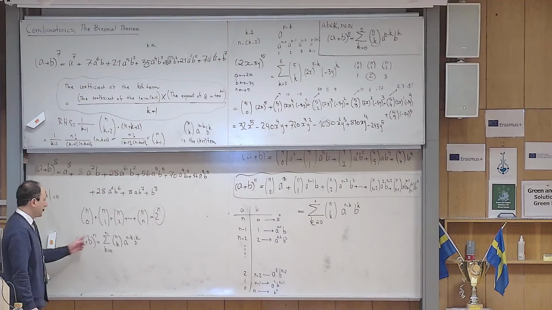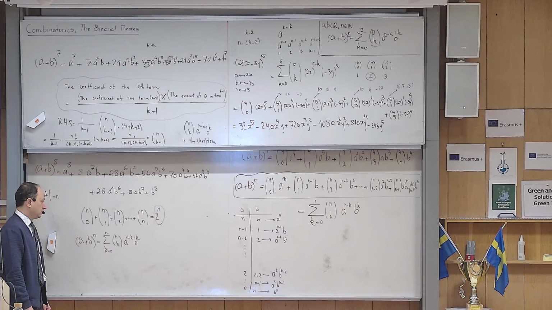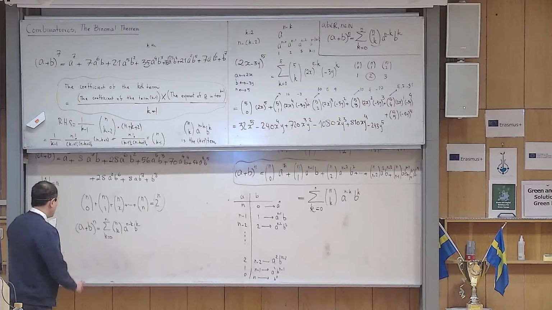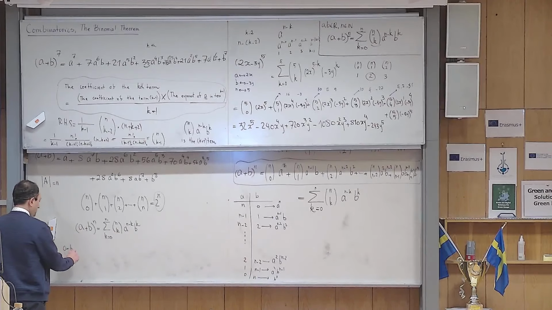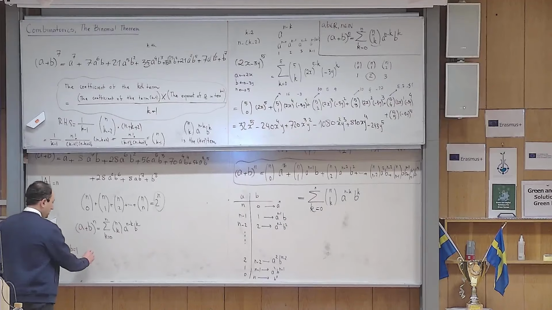This formula is valid for which values of A and B? It is valid for any real number, including 0, but 0 will not give me the same. Choose A and B to be equal, like evaluate where A and B are both equal to 1. So if I choose A to be 1 and B to be 1, the left-hand side becomes 1 plus 1 to power n.